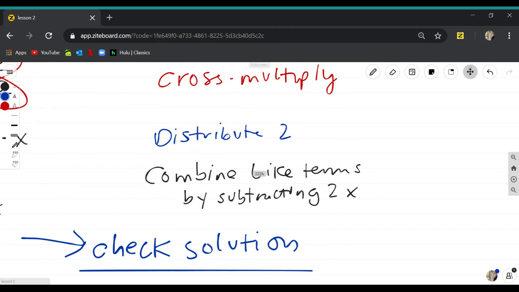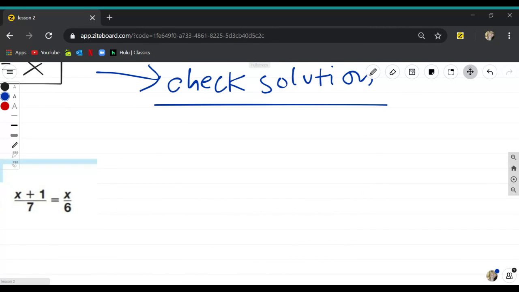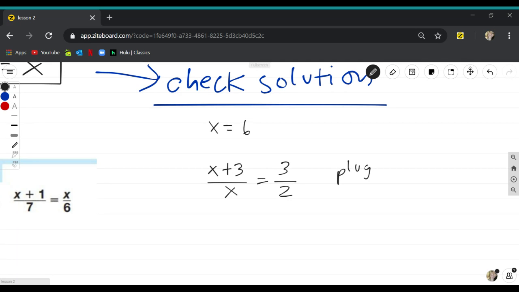So then I just put x is equal to 6 when our question is x plus 3 over x is equal to 3 over 2. So then we just plug in 6 where x is. So 6 plus 3 over 6 is equal to 3 halves.